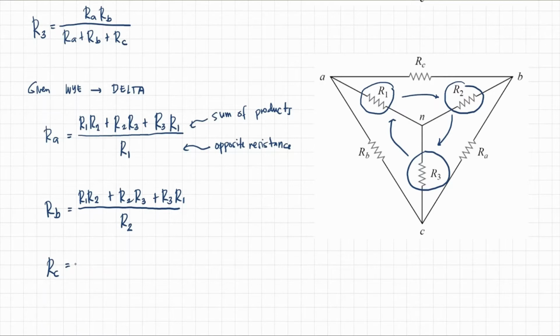For RC, we just copy again the numerator, which is R1 times R2 plus R2 times R3 plus R3 times R1, divided by R3, which is the opposite resistance to RC. So the six formulas provided are the formulas that you will be using in transforming Y to delta and delta to Y.